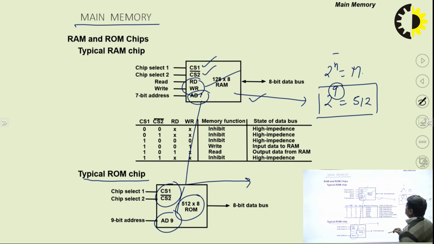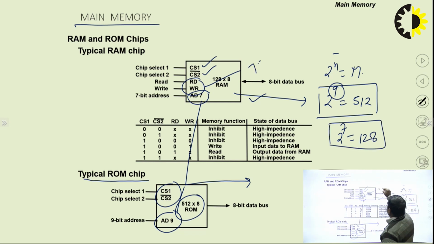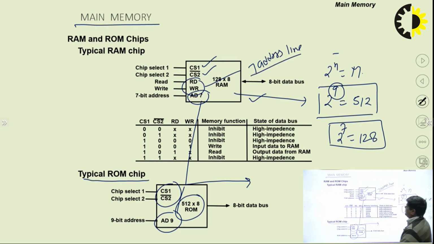Similarly, in this RAM 2 to the power 7 is equal to 128. It means in this RAM 7 address lines are present, and in this ROM 9 address lines are present. In both the RAM and ROM chip, the data size is 8 bit.